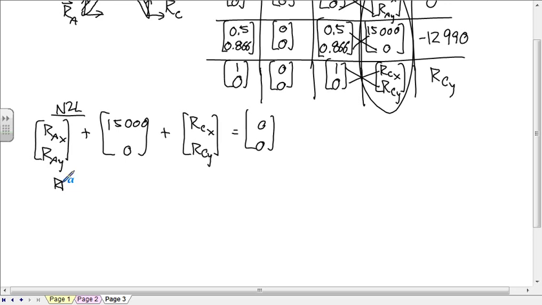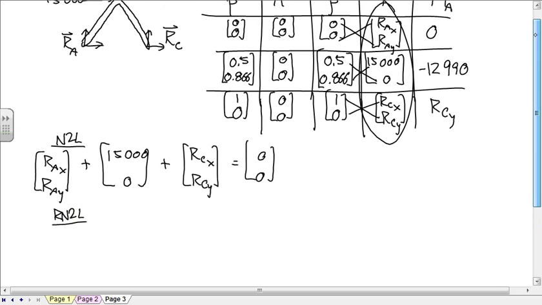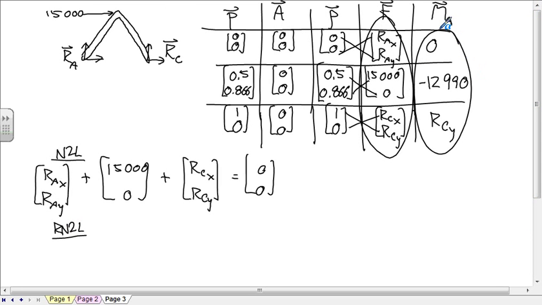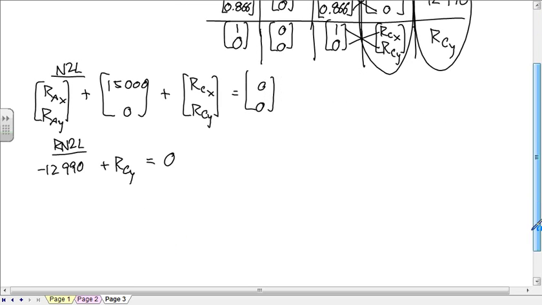And the rotational equation, just add these up. Negative 12,990 plus RCY is equal to 0. Okay, so this one tells us that RCY is equal to positive 12,990.